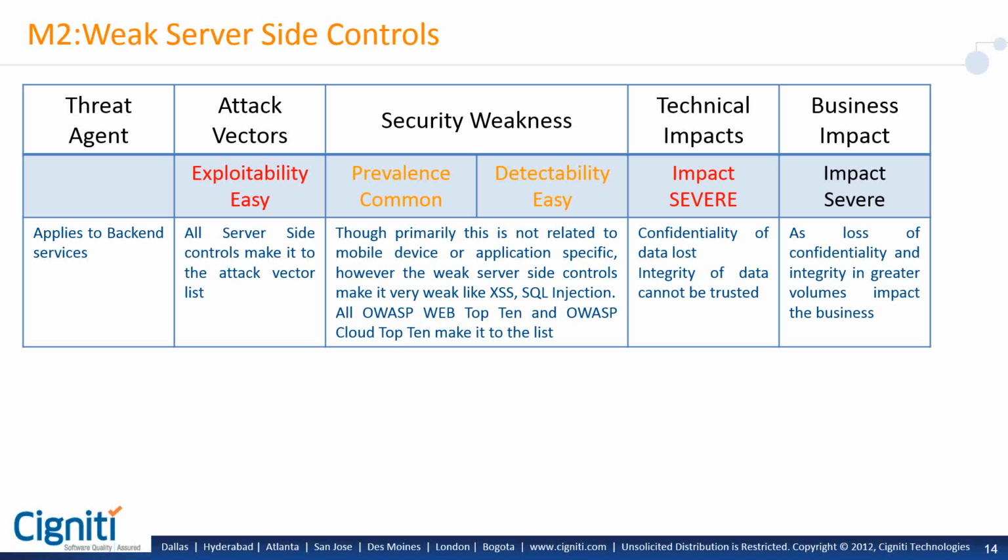The mobile may have an interface to it, and if it is a mobile web, the mobile web will still go and hit the server side. So any kind of vulnerability from the OWASP top 10, like SQL injection and cross-site scripting, all fall into place for this. The weaknesses are typically the web world weaknesses.